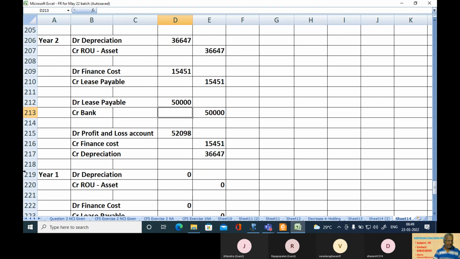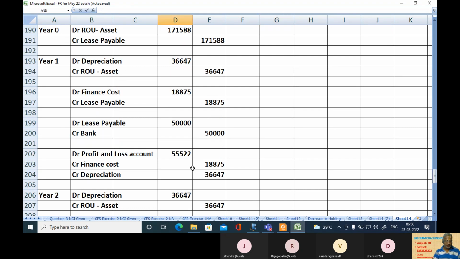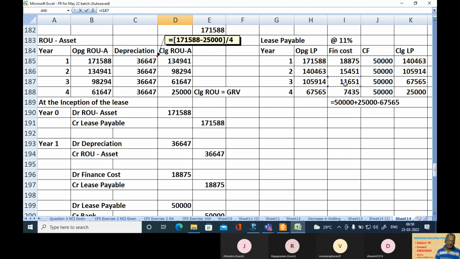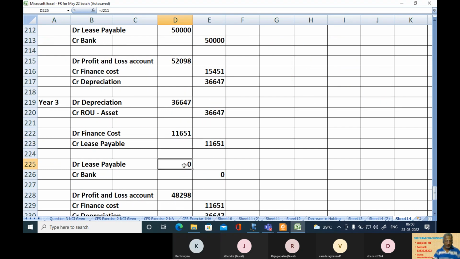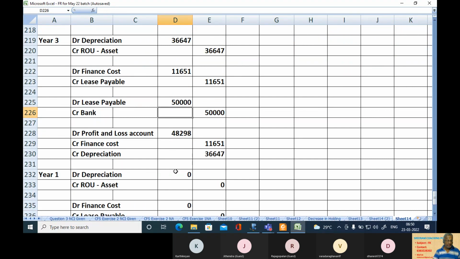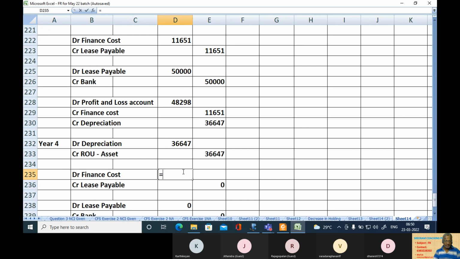So automatically it is taken care. Okay. Year number 3. Depreciation is this. Finance cost is this. Lease payable is this. Then this is taken care. This is year number 4. Finance cost.